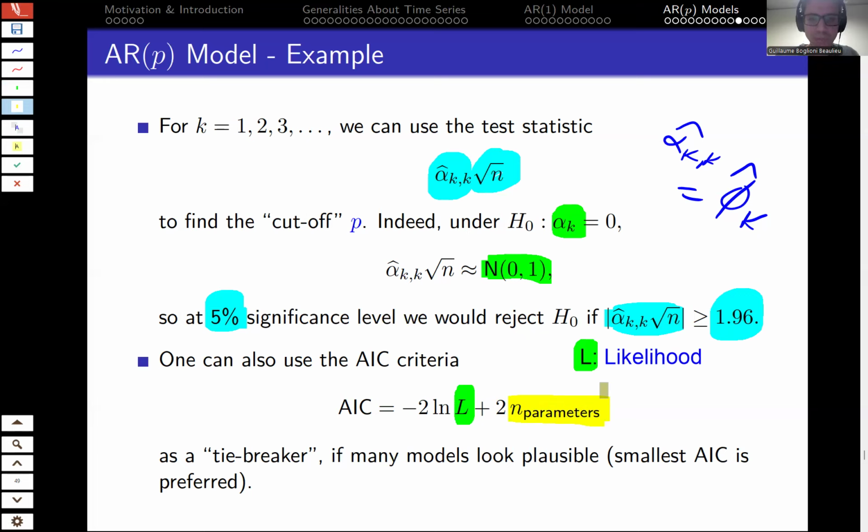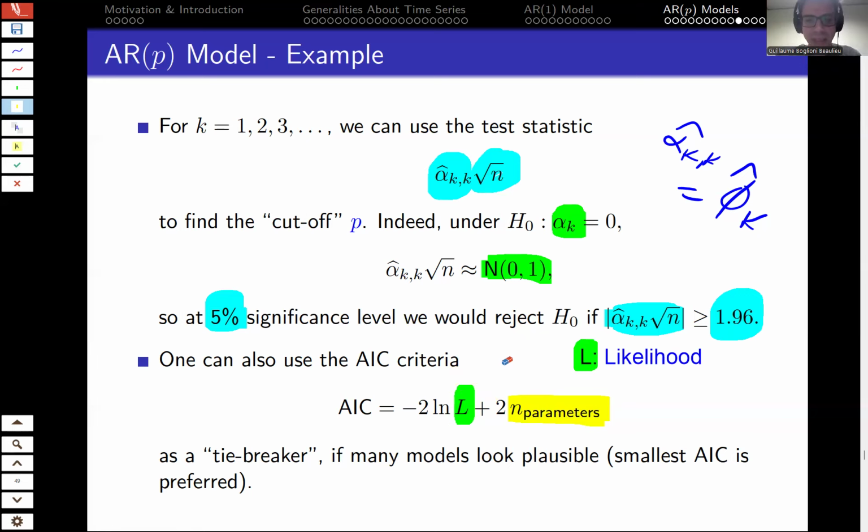What does this do? In general, in statistics, you want a good fit, so you would want the likelihood to be as big as possible. However, usually you also have this concept of parsimony. You don't want too many parameters in your model because it makes your model more and more complex as you add more and more parameters.